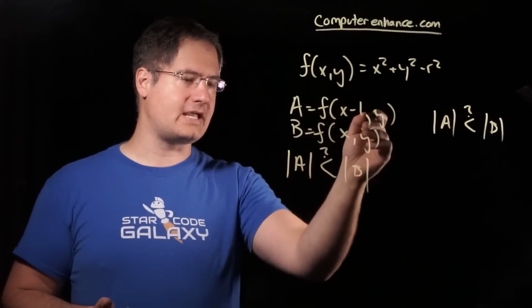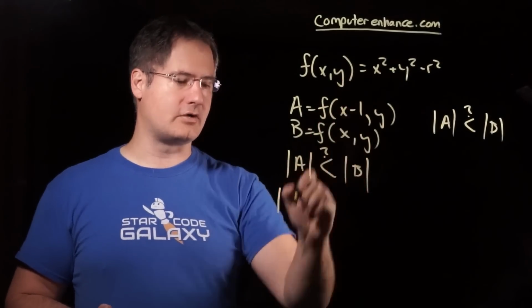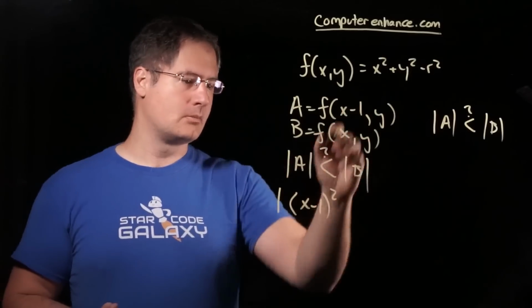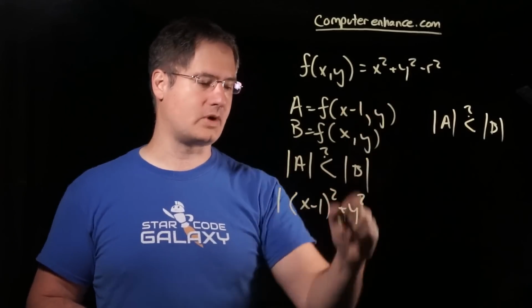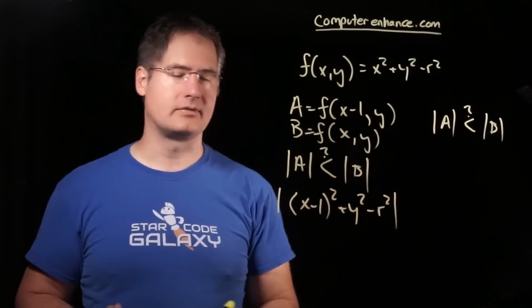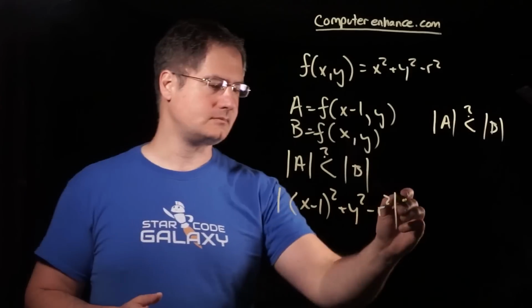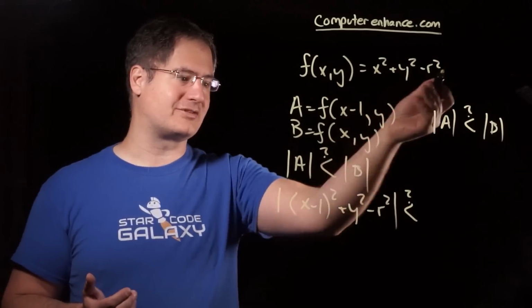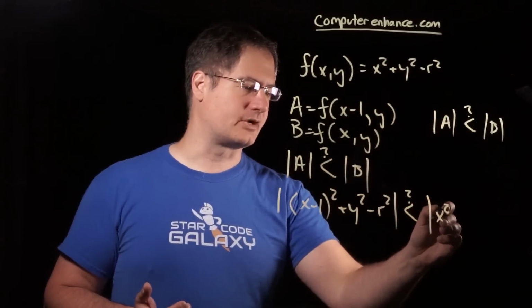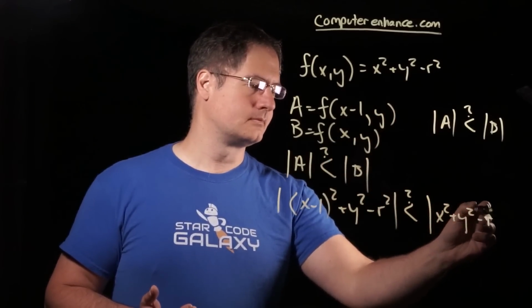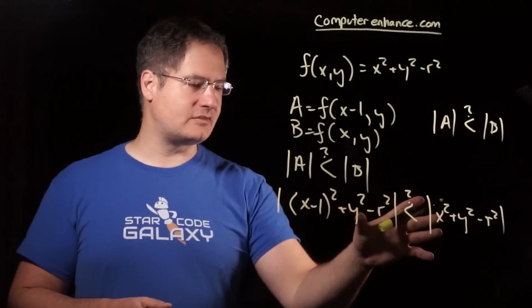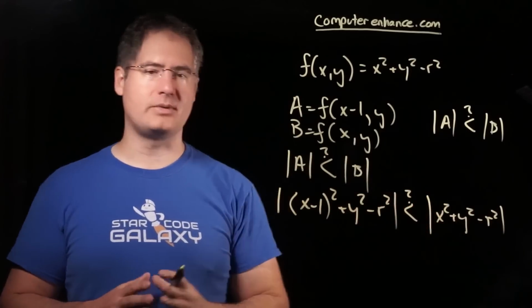Well, this is A here, so we get the magnitude of x squared, which is now x minus 1, plus y squared, which is still just y, minus r squared. There's our left side. And for our right side, we have magnitude of B, which is just xy, so it's literally this exact expression, just with the magnitude taken. So these are exactly what we need to compute.